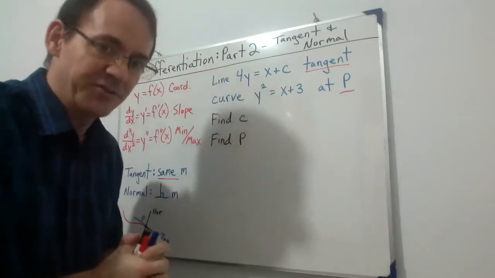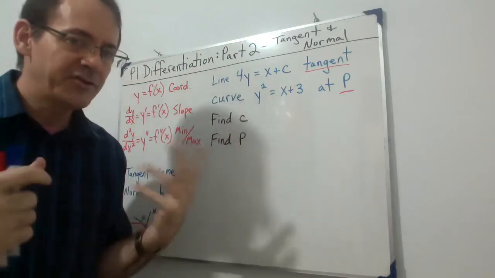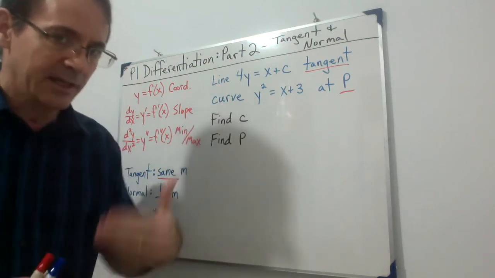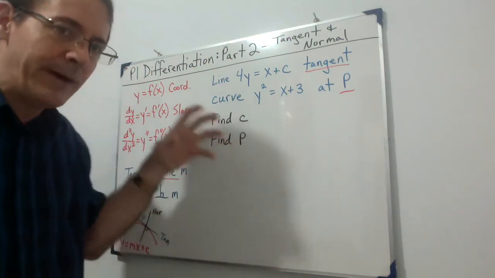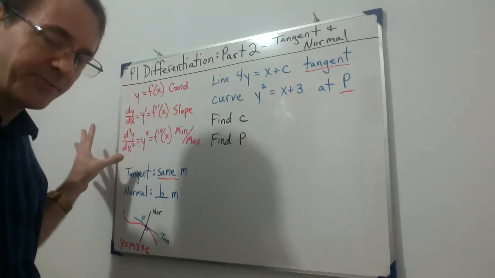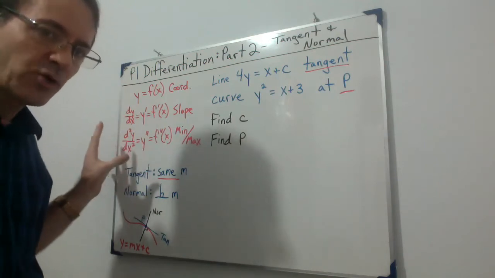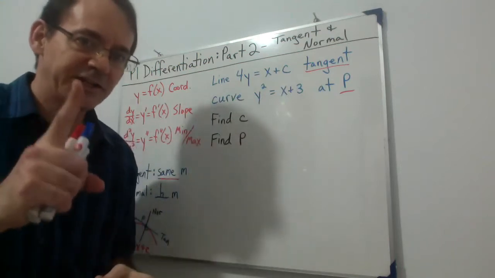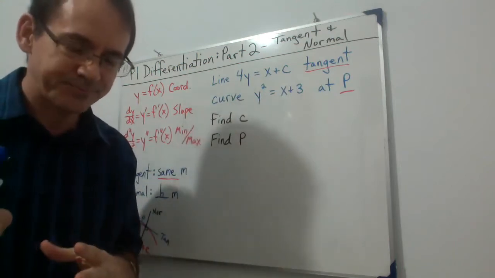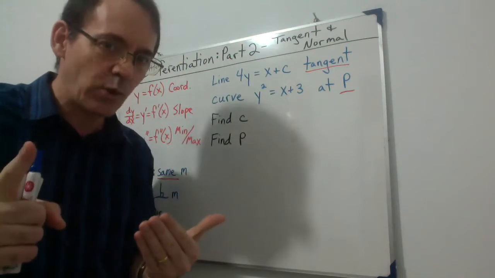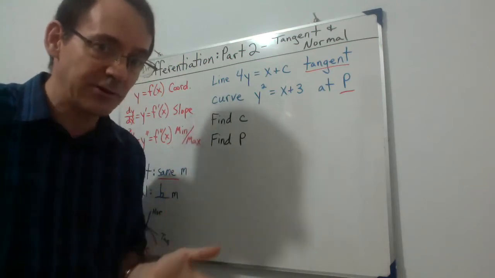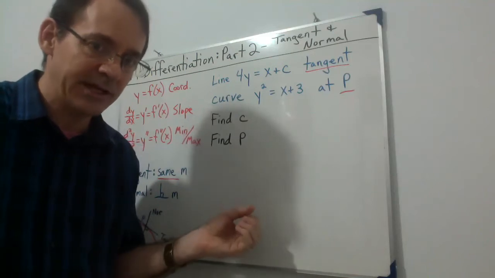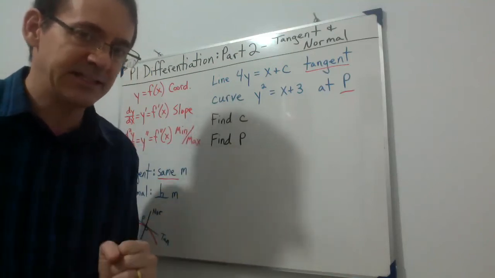Now it's very interesting, these questions, because Cambridge has this question for us. And there's actually a couple of different ways you can solve it. If you wanted to, you could go back to your quadratics information. And remember, in quadratics, tangent also means touches at one point. If it touches at one point or has one solution in common, it means you can use the discriminant, b squared minus 4ac.